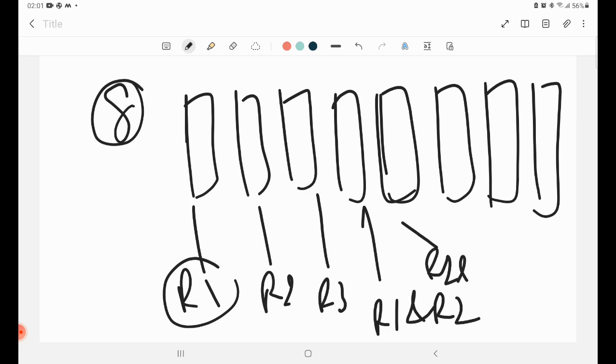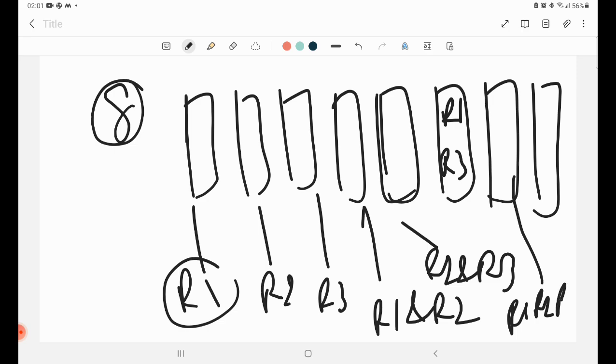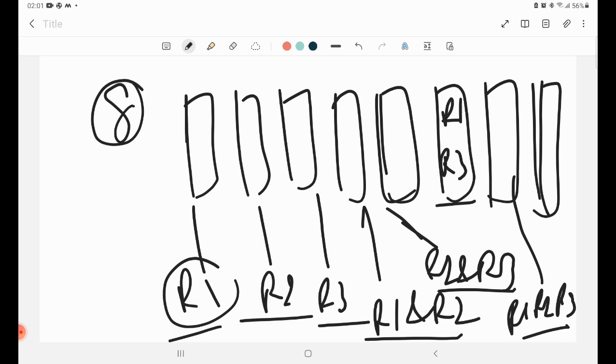For this, R2 and R3. For this, R1 and R3. For this, all of them, R1, R2, R3. And for this, none. So now can you see that for all the bottles I have a distinct combination of rats to pick from. There's no similarity. You can look at all of these combinations and all of them are distinct.